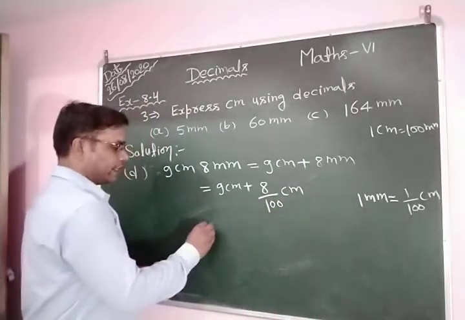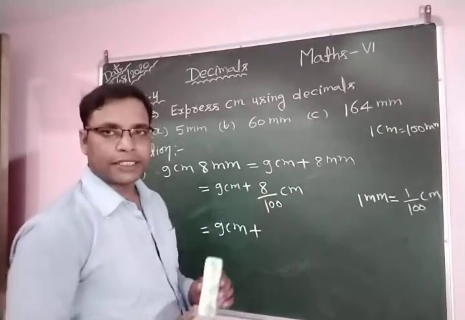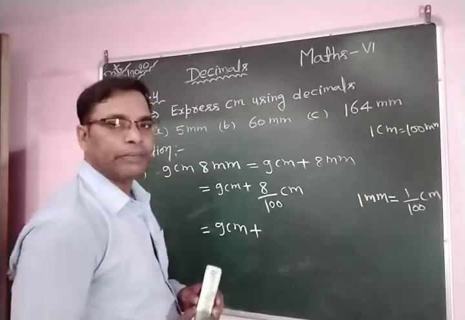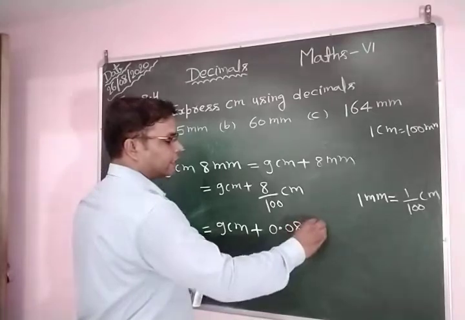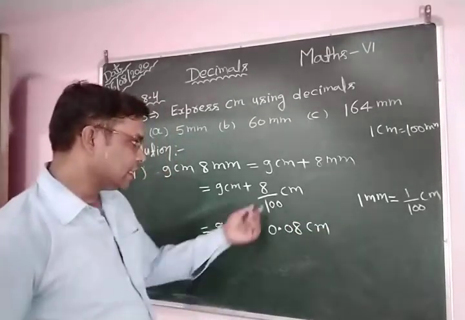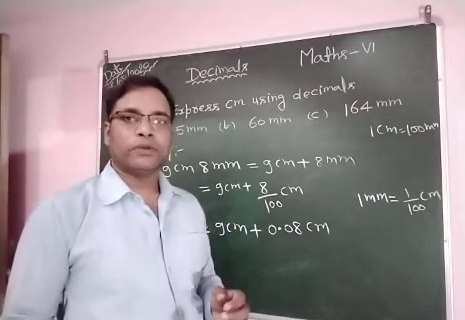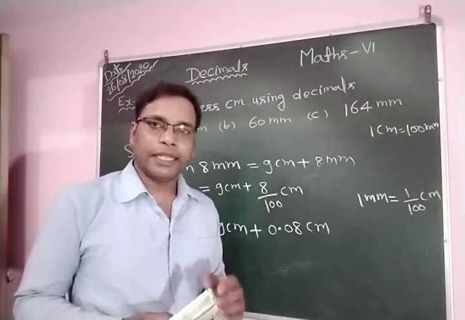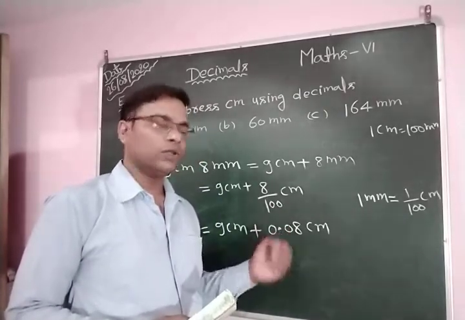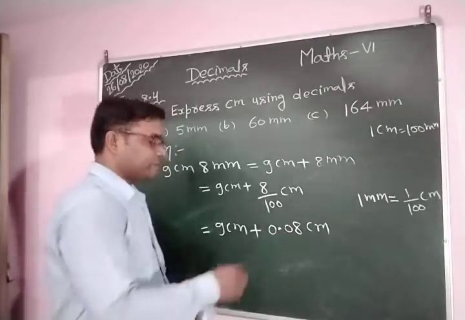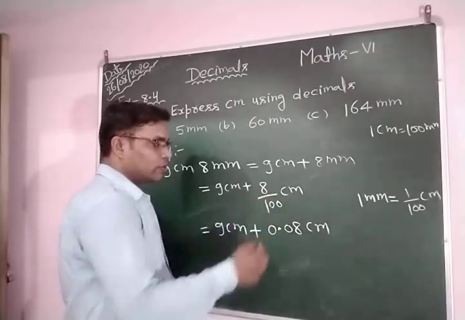Next step, 9 centimeter we write as it is, but 8 by 100 centimeter we can write in the form of a decimal, that is 0.08 centimeters. You can see here 8 by 100; the decimal moves 2 digits, because there are two 0s.